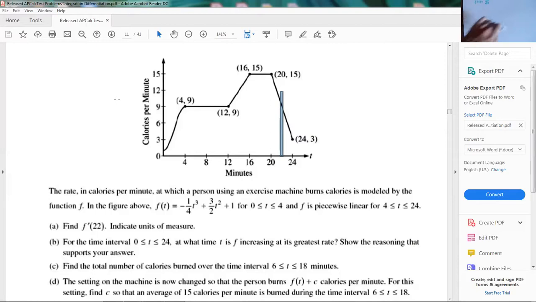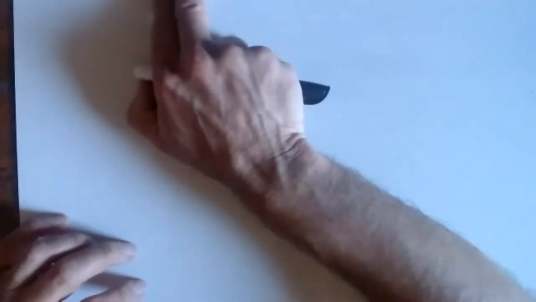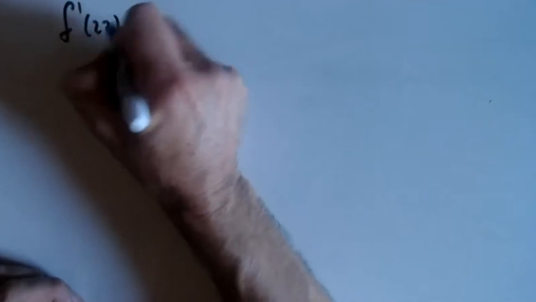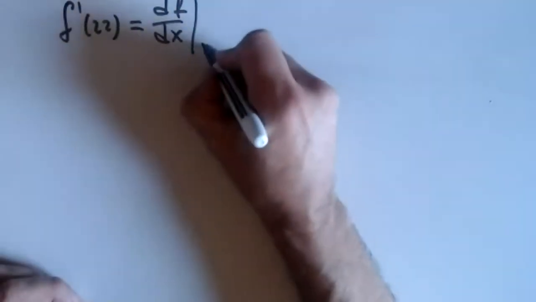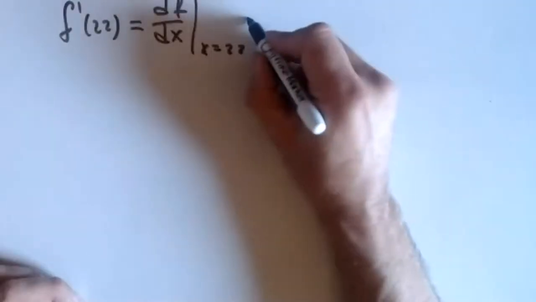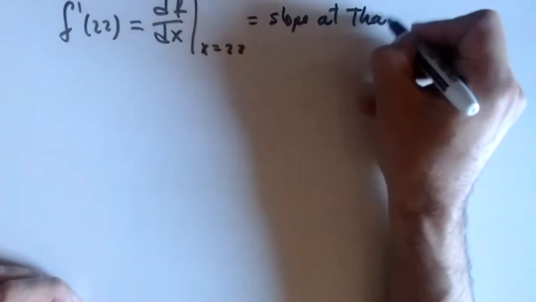Let me just put it right here. So we have that f prime of 22 is the derivative of f with respect to x at x equals 22. So this is the slope at that point.